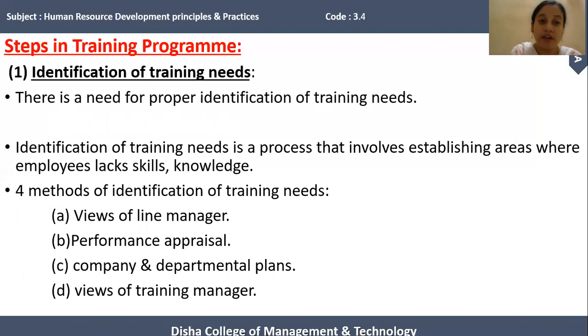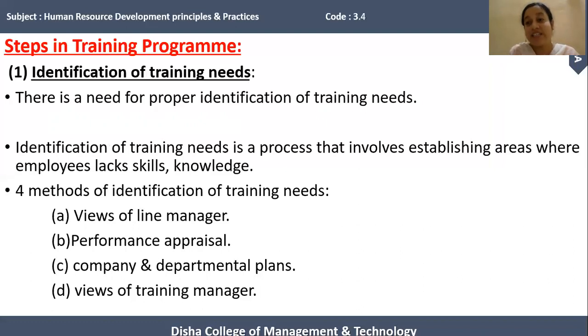So what is the meaning of identification of training needs, or in the first step what will the organization do? In the first step, the organization identifies the training requirements of human resources. When it finds that a person has some skill lacunae, some deficiencies of skills, then the organization plans to provide a training program to the human resources. So first it starts with identifying the training needs.